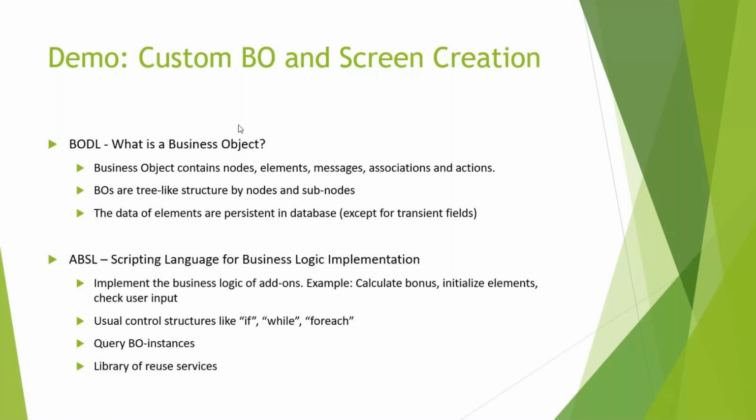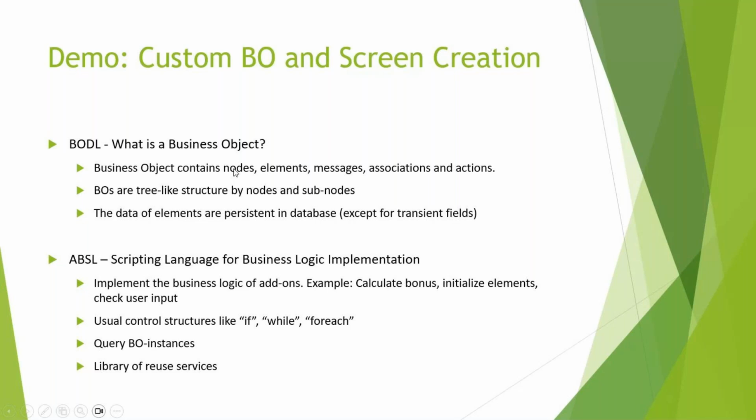A business object is nothing but a table in a database, which will have some elements, and then the alternative key, which is a unique distinguisher for that business object, and then the tree structure, like one node and then sub nodes, and so on. So mainly it consists of elements and nodes.